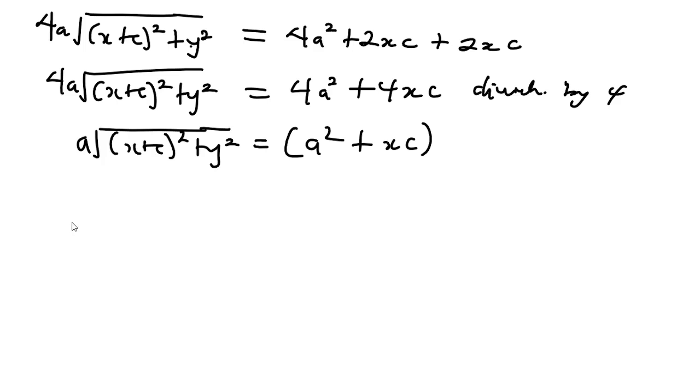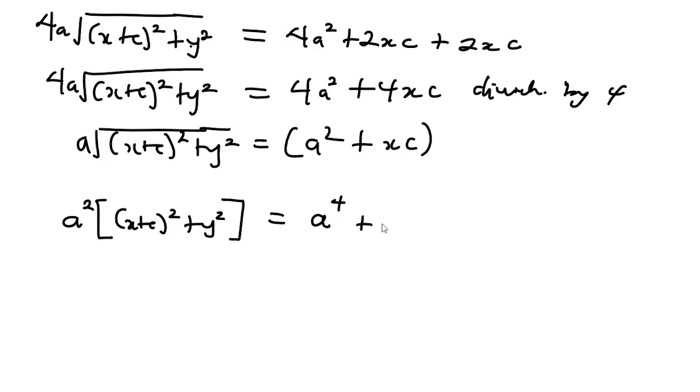So this side will give us a squared multiplying x plus c all squared plus y squared, being equal to, we square both sides, so this is going to be affected too. So we have a exponent 4 plus, so we are squaring both sides.